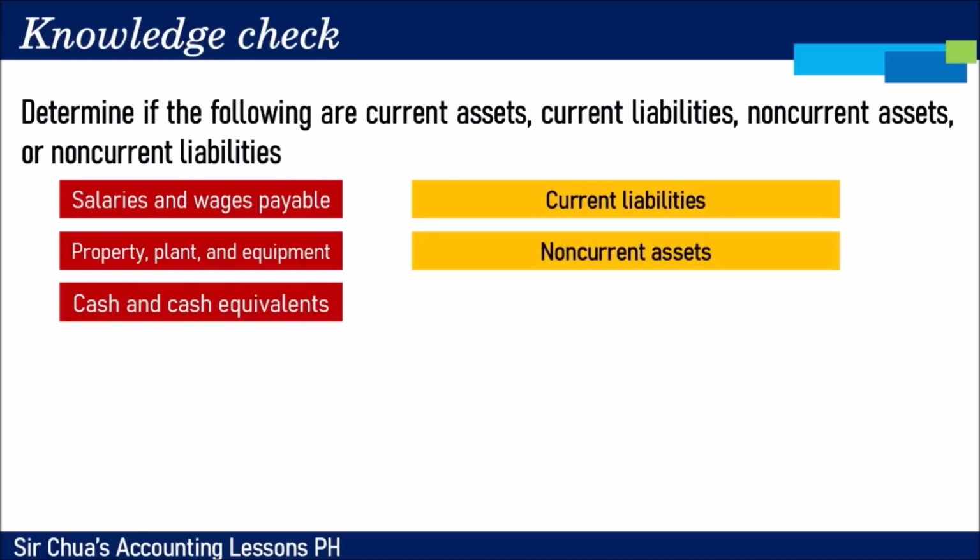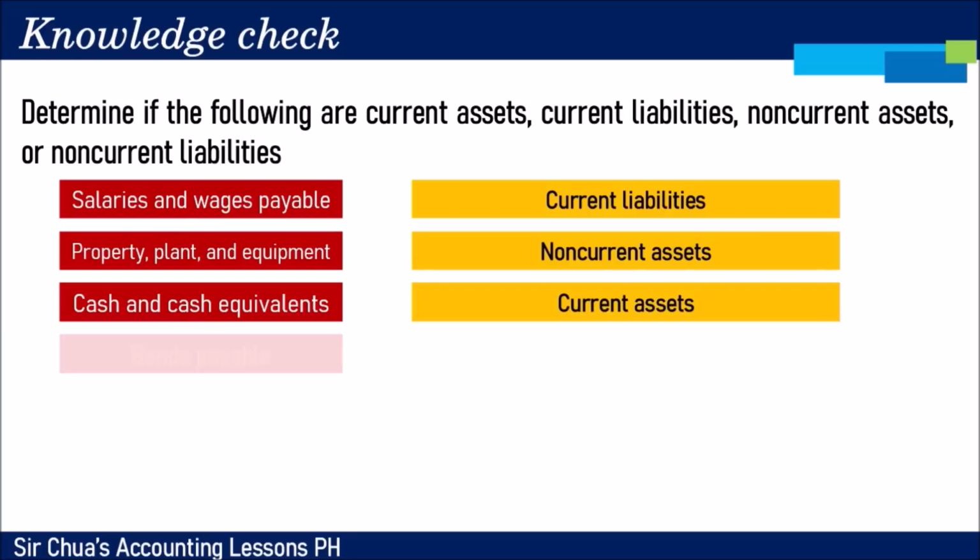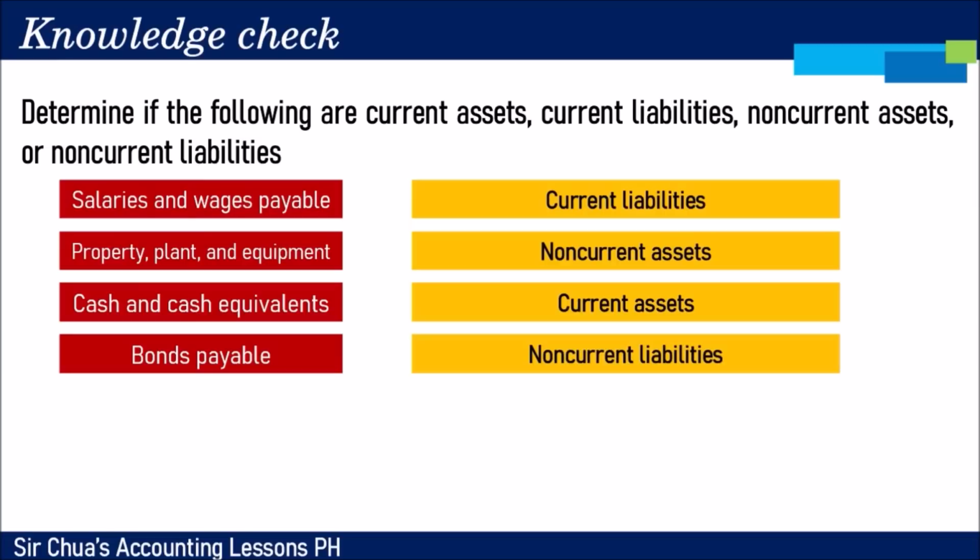Cash and cash equivalents. O, ito, paulit-ulit tayo dito kanina. 3, 2, 1. It's a current asset. Bonds payable. 3, 2, 1. That is a non-current liability.